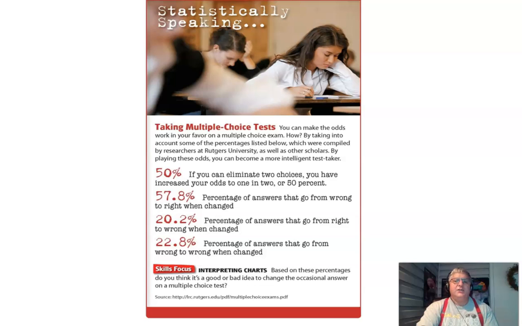You have increased your odds to 1 in 2, or 50%. 57.8% is the percentage of answers that go from wrong to right when changed. So fixing your answer is better than not. 20.2% of the answers go from right to wrong when changed. 22.8% is the percentage of answers that go from wrong to wrong when changed.